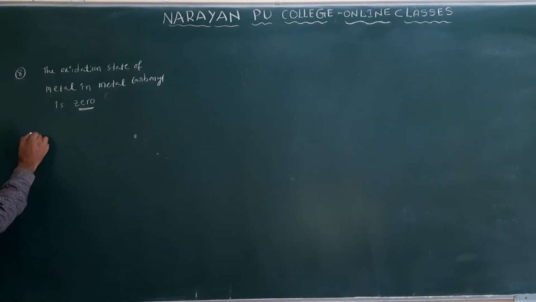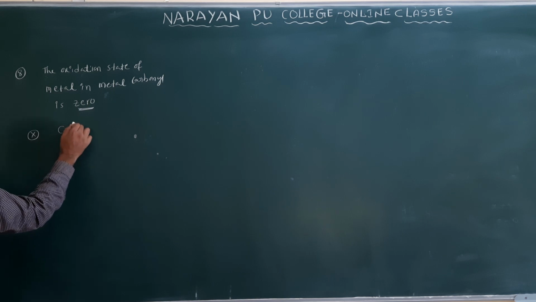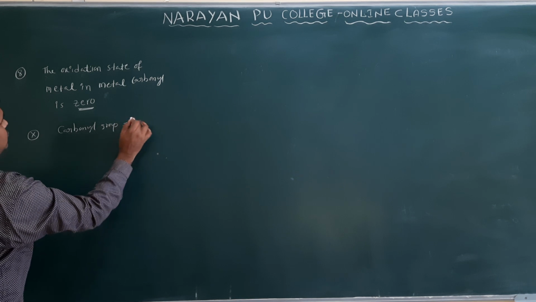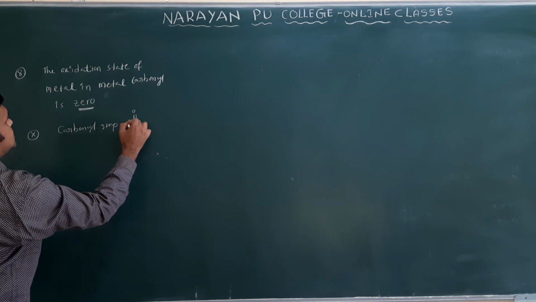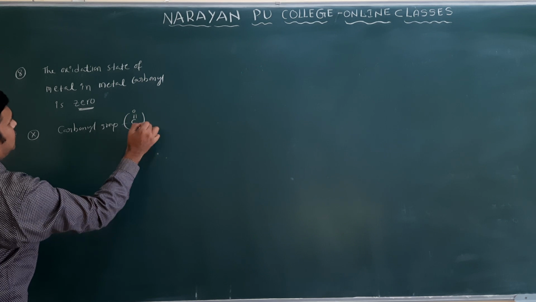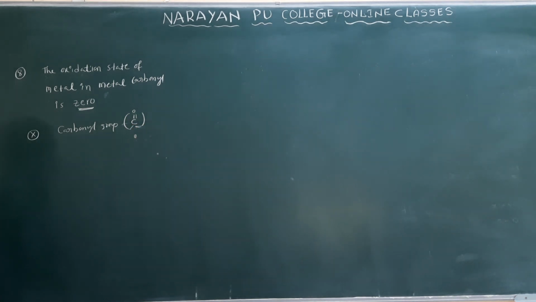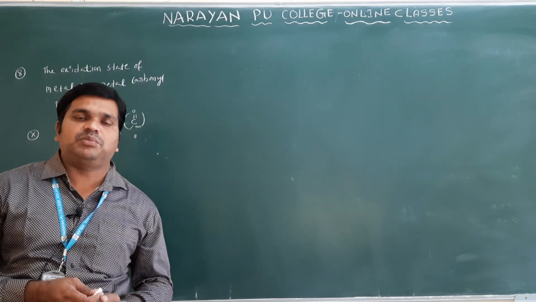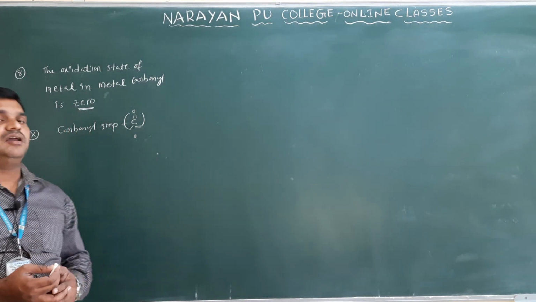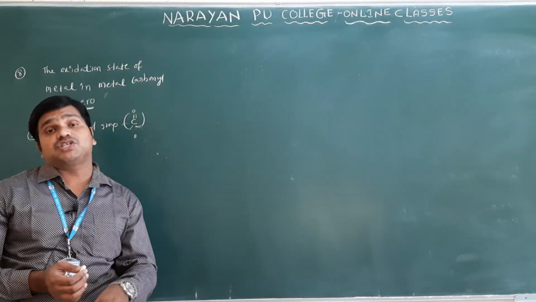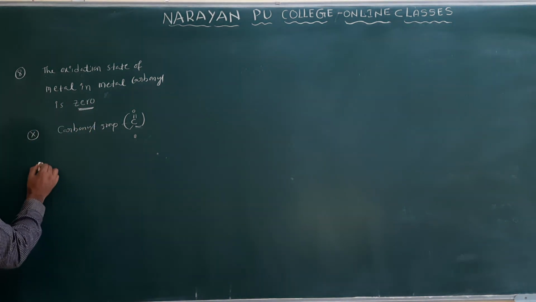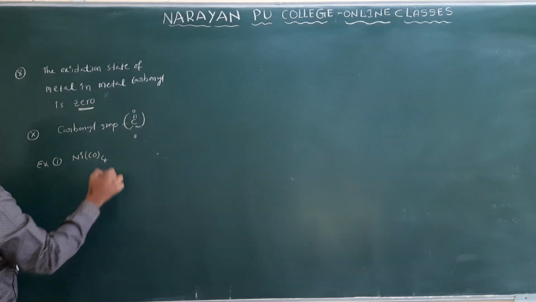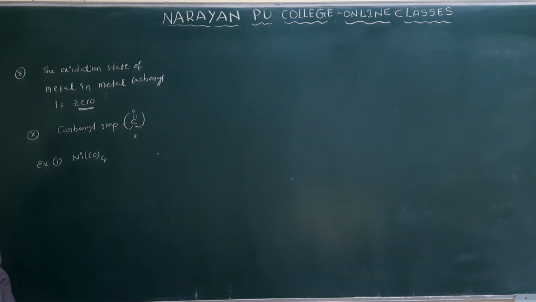What does carbonyl group mean generally? If the CO group is present, this group we call the carbonyl group. If this carbonyl group is present along with the metal, we call it a metal carbonyl. In this case, the oxidation state of the metal is always 0 only. Let us take one example: Ni(CO)4, nickel tetracarbonyl.